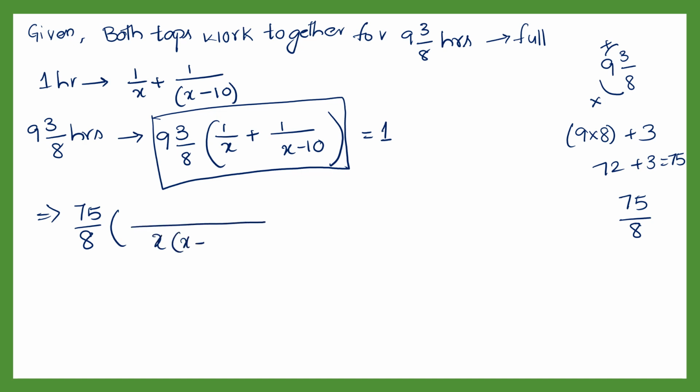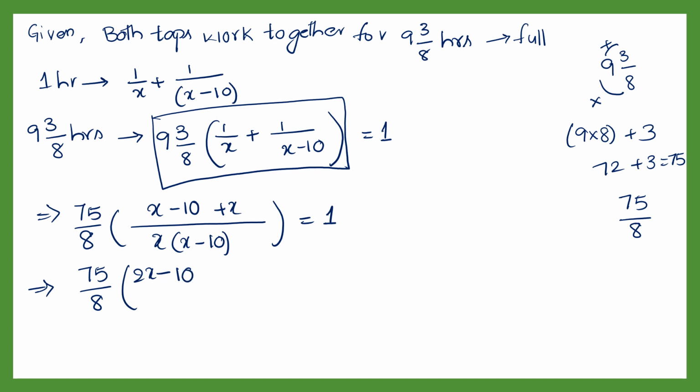If we take the LCM, x into x minus 10, you get x minus 10 plus x in the numerator. This is equal to 1, as the complete tank will be filled. So you get 75 by 8 into 2x minus 10 by x square minus 10x, equal to 1.